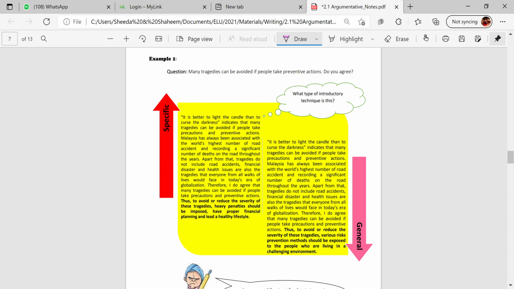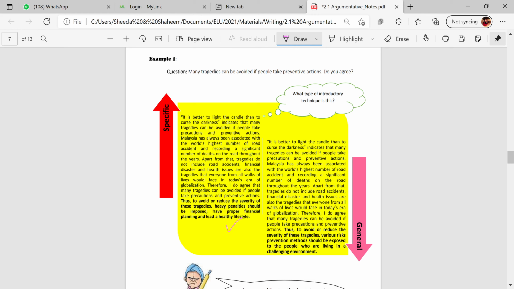Many tragedies can be avoided if people take preventive actions. So, if you go through this introductory paragraph, this is an example of a specific thesis statement.